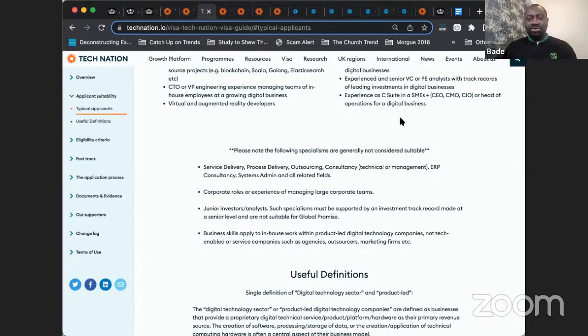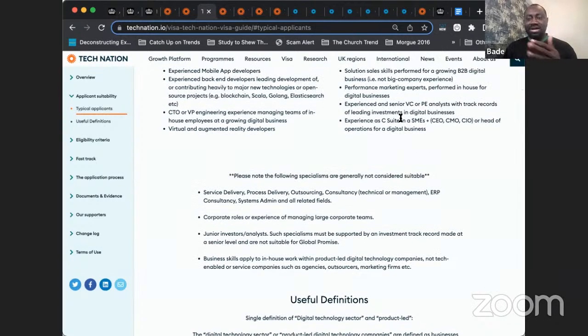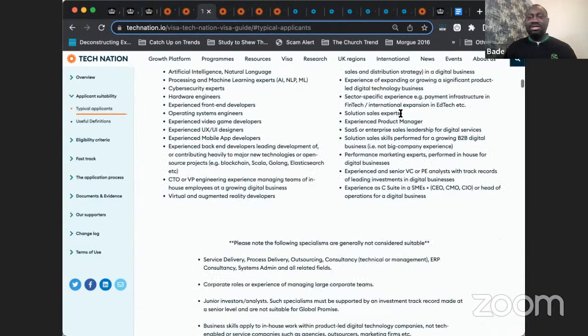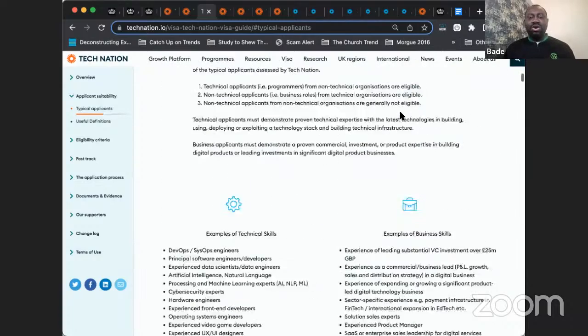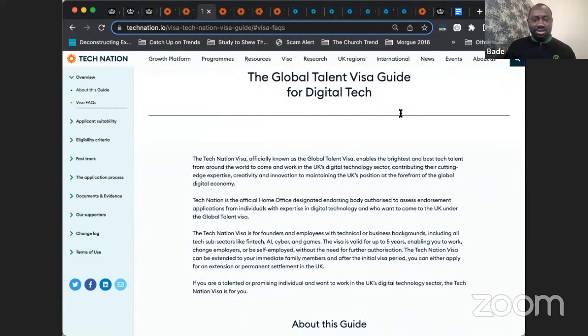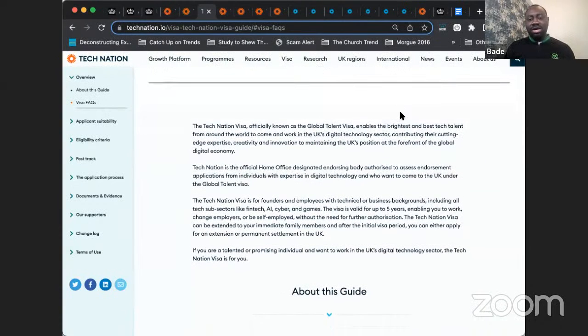These are other options of categories that do not qualify, but the focus is these are skills that qualify on the technical side, and these are skills that qualify also on the business side of technology. The focus is that you should be working in product-led digital technology.